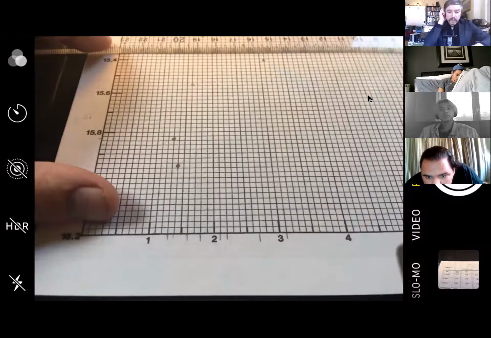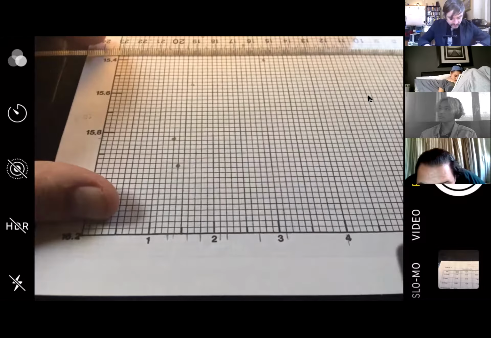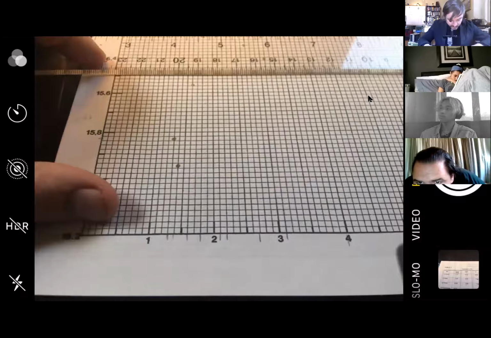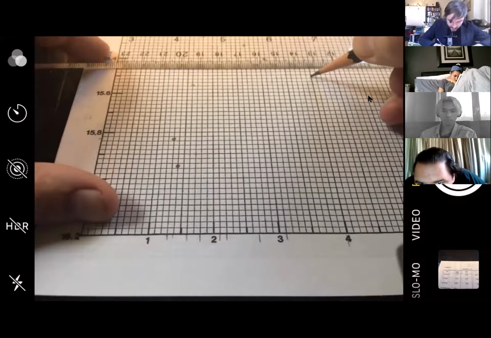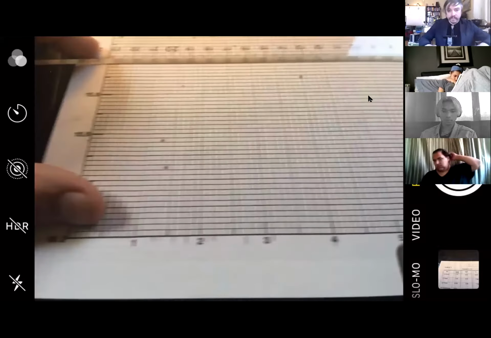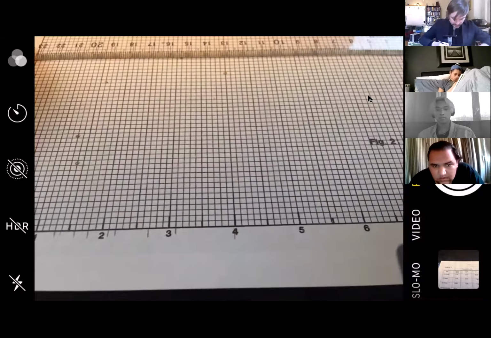Okay. 4.0 and 15.51. We might want to start checking these off. So there's 4.0, and 15.51 is halfway in between 15.5 and 15.52. So we'll put that right there. Let's see, 4.2, 15.56.